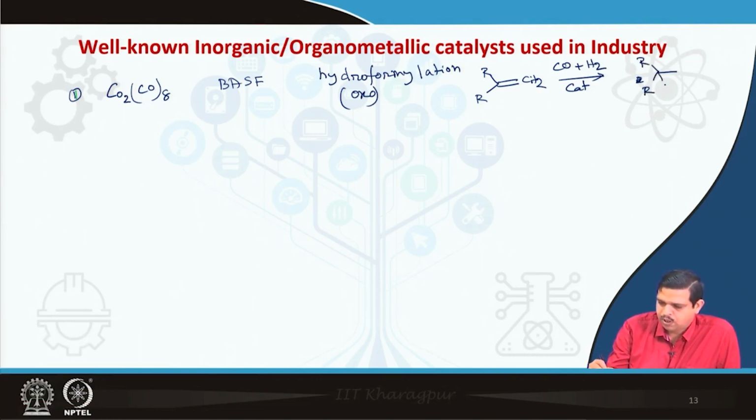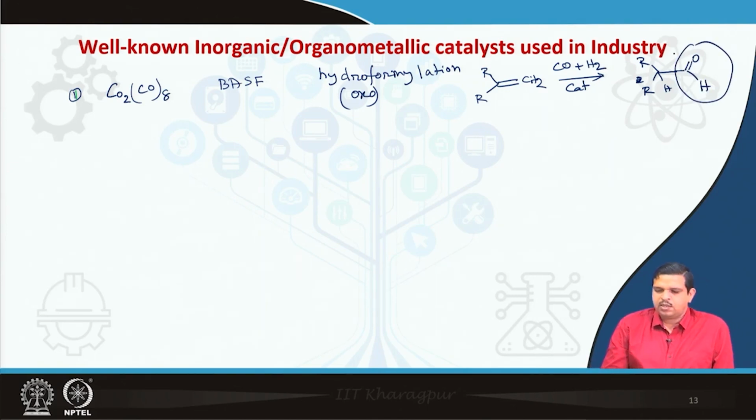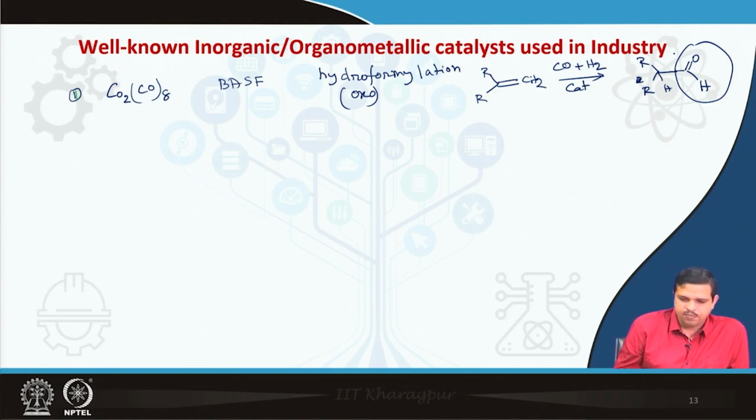So, here H and CHO, and you will see it is formylated at the terminal alkene. So, this is regioselective, specifically you will get the functionalization at the terminal alkene.